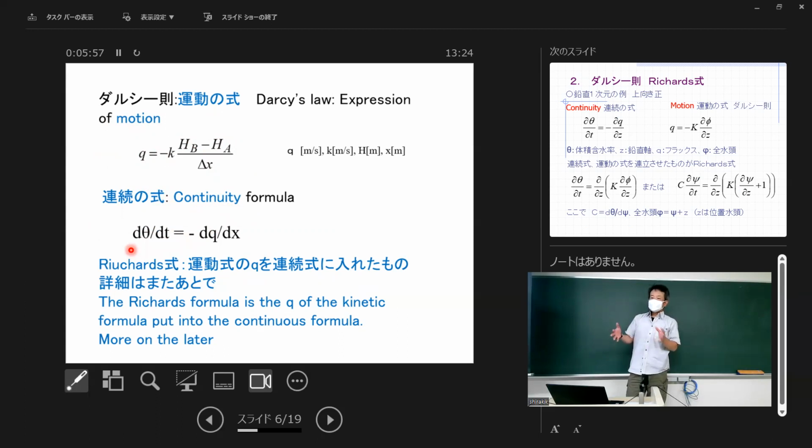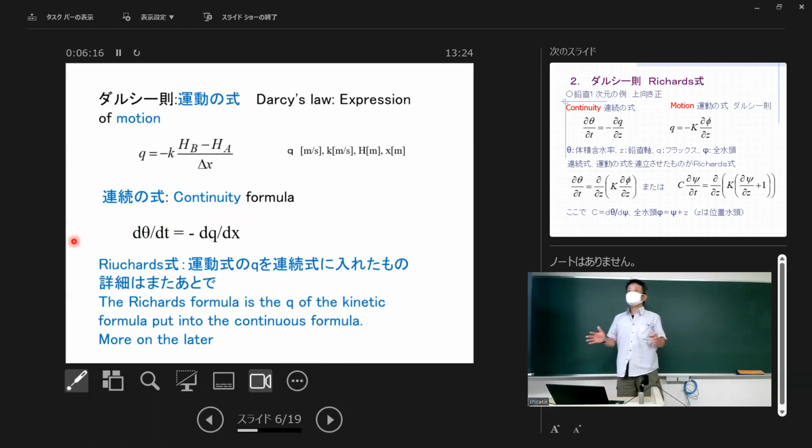So that means water is not generated automatically, or vanished anywhere. So water amount or water budget is totally conserved.